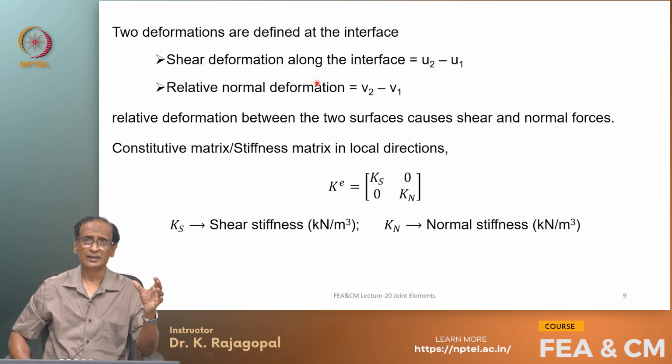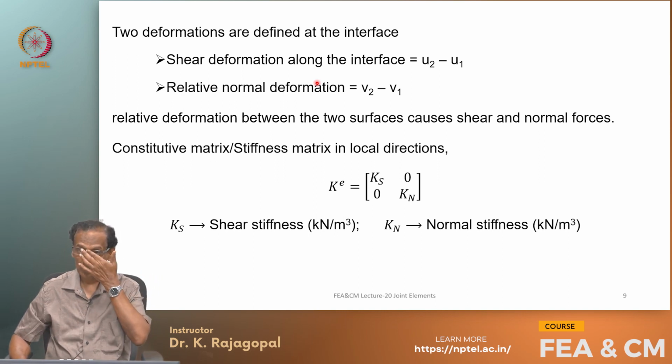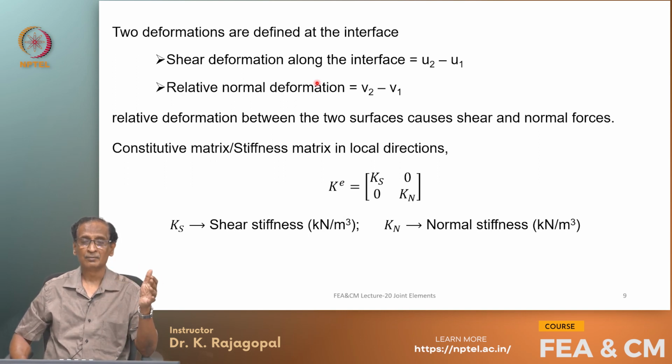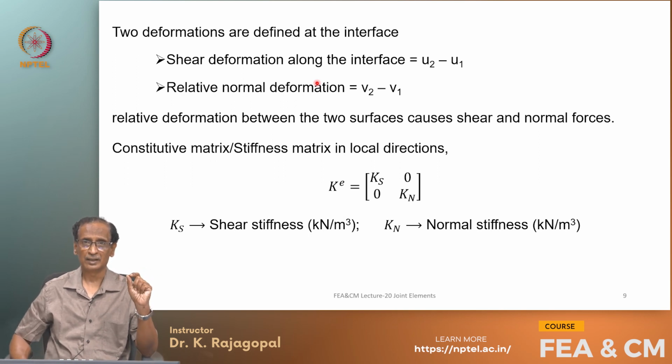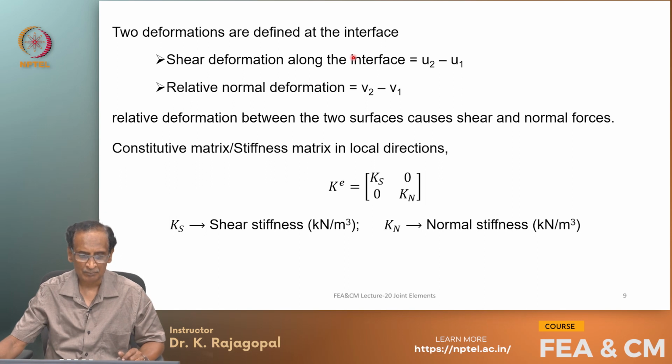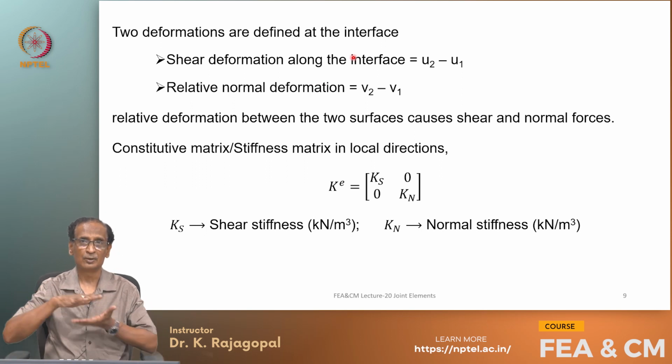there are no strains, because this being an element of 0 thickness, we cannot define strain per se, because there is no length or there is no thickness. We define only the relative displacement between the two surfaces.